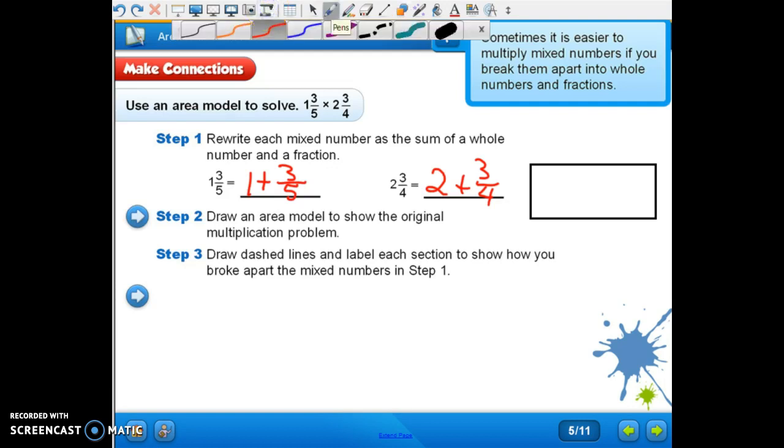And it is 2 3/4, and we're going to put that on the top because that's the longest measurement. And 1 3/5. So that matches the dimensions of the size of our rectangle. It says draw dashed lines and label each section to show how you broke apart the mixed numbers. So we're going to draw a dashed line to break this into 2 3/4.